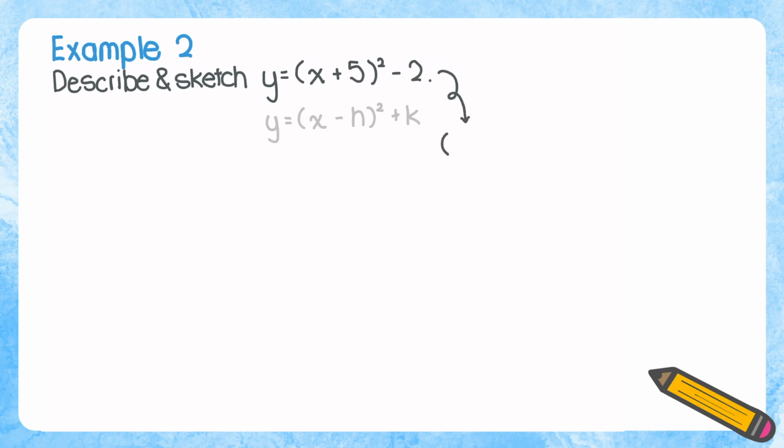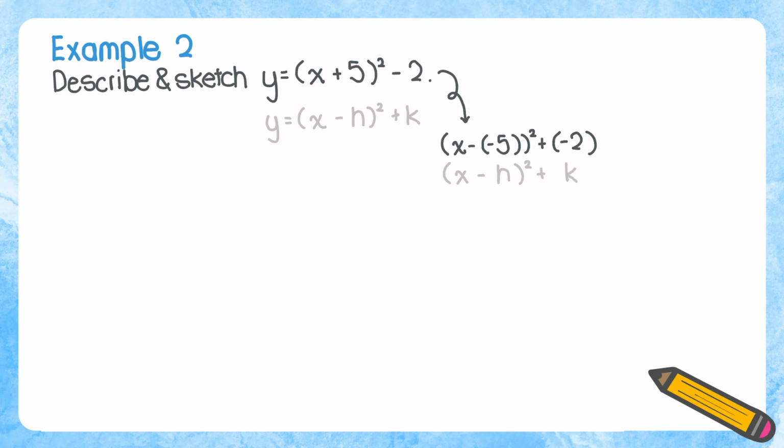So instead, we can have (x minus negative 5) squared plus negative 2.